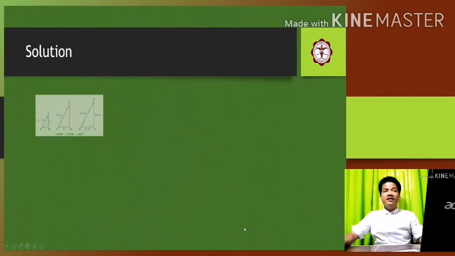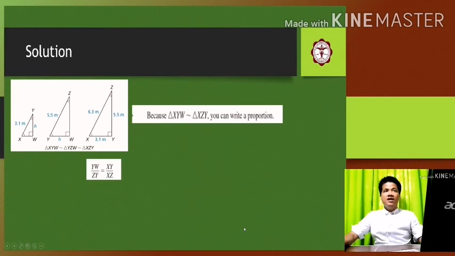So using the similar triangles, as we mentioned a while ago, triangle XYW is similar to triangle XZY. We can now write a proportion using this YW.